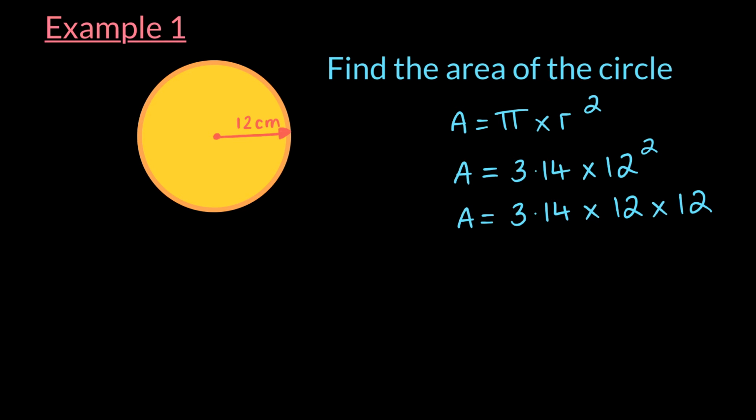So regardless of what way you do that, your answer comes out to be 452.16 square centimetres. Try and make sure that you can get that answer in your calculator, and if you can't, get in touch with me as soon as possible and I can jump on a Teams call and just show you where all the proper buttons are on your calculator.